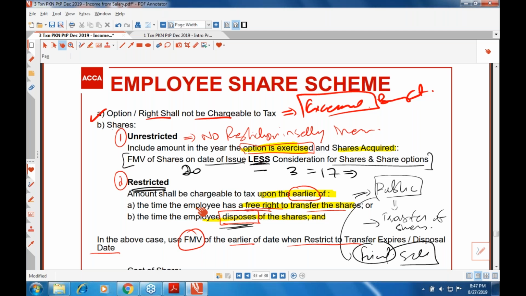That's called restricted shares. Or even if they can sell, they cannot transfer the shares into somebody else's name. Okay, is it okay now?